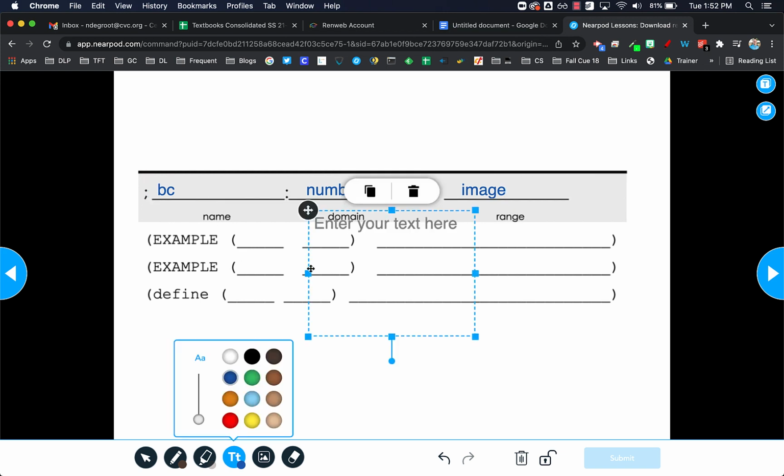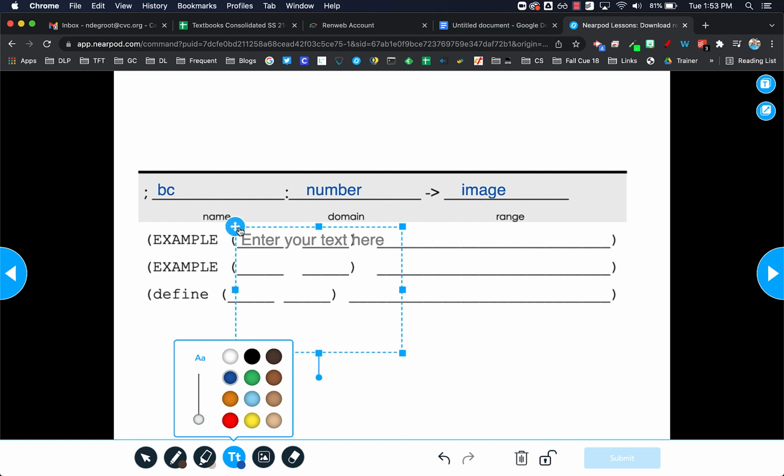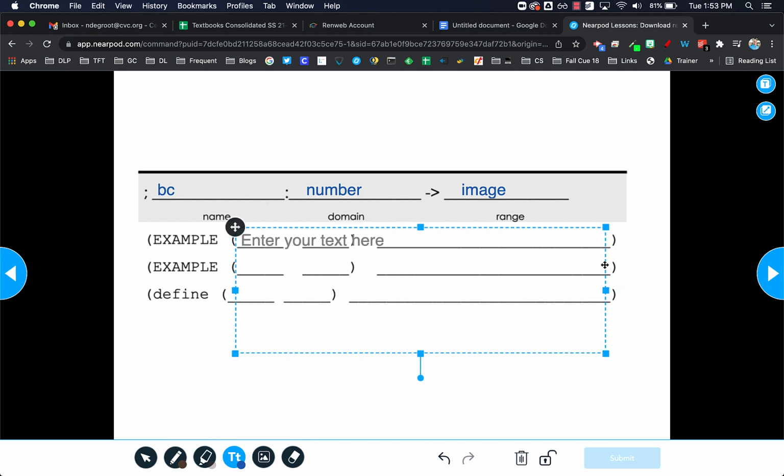Okay, and then we worked through some different examples right here. We said if I did BC 50, that would make a circle 50 solid blue. And if I did BC 20, that would make a circle 20 solid blue.